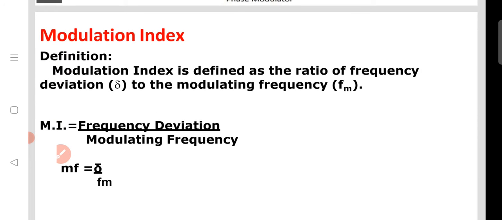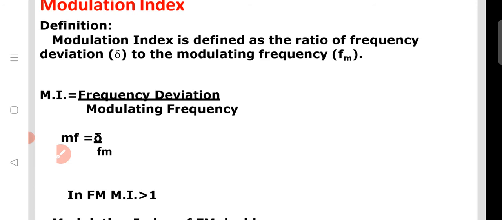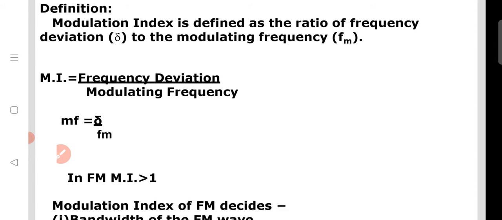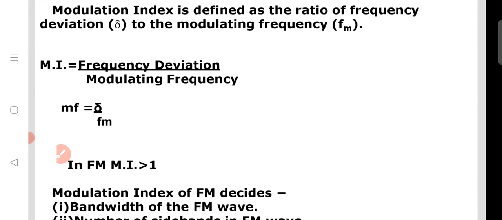Okay, this is the modulation index. What is the modulation index? It is the ratio of the frequency deviation to the modulating frequency. The modulating frequency fm is the message frequency, and the message voltage causes the frequency deviation.